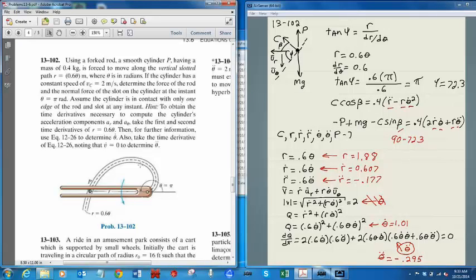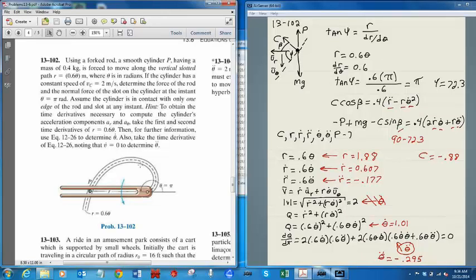Okay, so I took all of these values and I put into the two equations with the C cosine beta and the P, and I solve for C and P, and what I get is my C is equal to a negative 0.88.